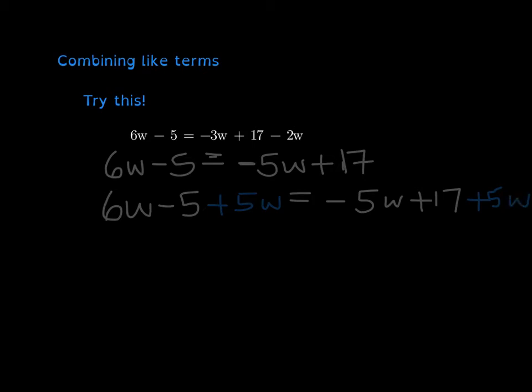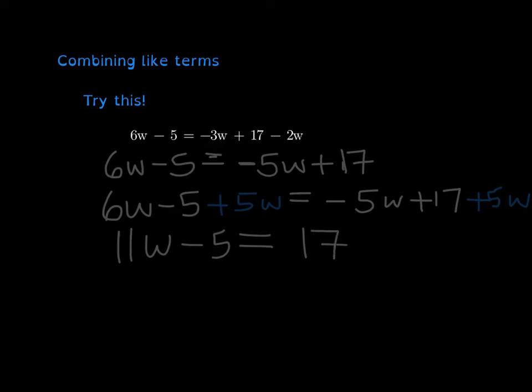So that eliminates the two 5w's on the right, negative and a positive 5w. On the left, we have 6w and 5w. That combines to make 11w, subtract 5. And then on the right, those two eliminate, so we just are left with a 17.